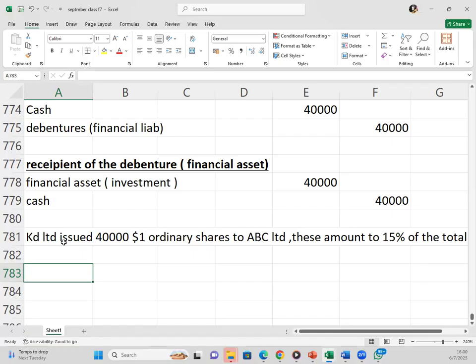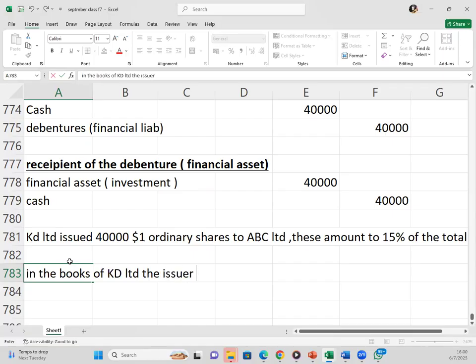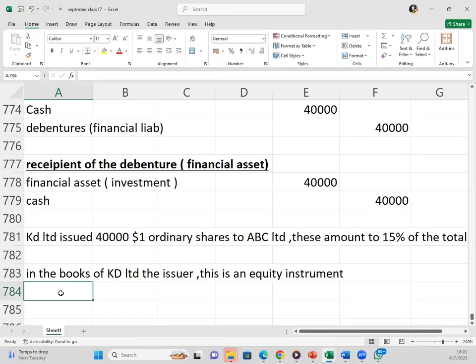So in our books, we have issued an equity instrument. In our books, this is an equity instrument. So in the books of the issuer, in the books of KD Limited, the issuer, this is an equity instrument.